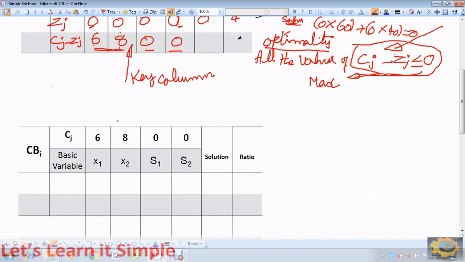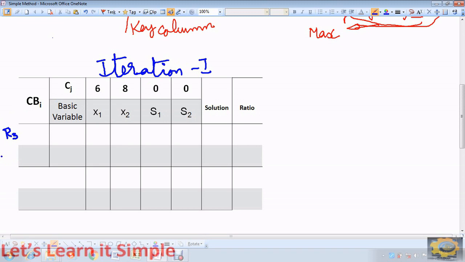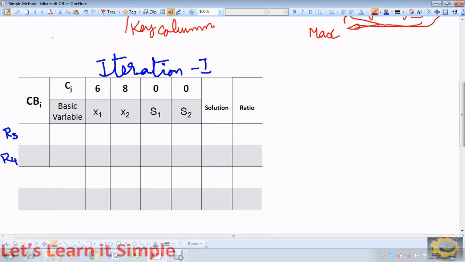So for that we need to go to the second iteration. Since previously it is called the initial simplex table, I can say this is iteration 1. So in the second iteration, let me call this R3 and this R4. Why? Because already R1 belongs to the first constraint, R2 to the second constraint. Therefore, I can make this R3 and R4.